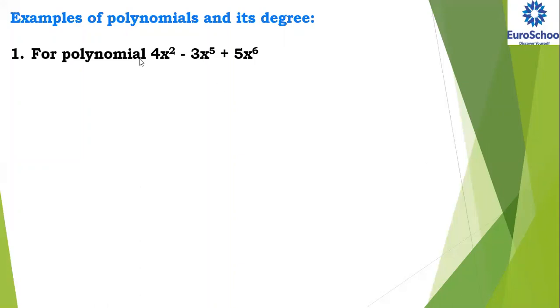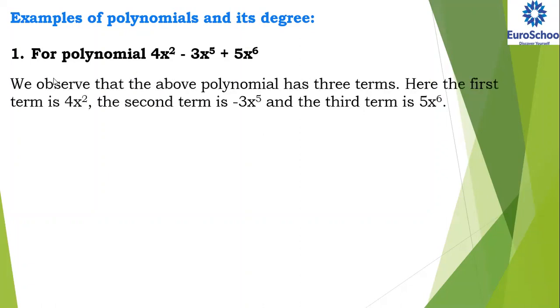For the polynomial 4x square minus 3x power 5 plus 5x power 6, we observe that the polynomial has 3 terms. The first term is 4x square, the second term is minus 3x power 5, the third term is 5x power 6.